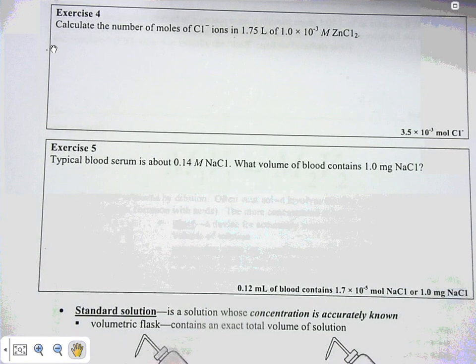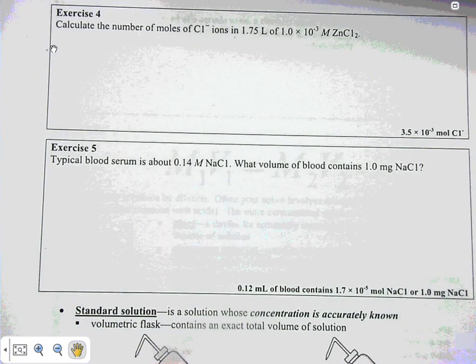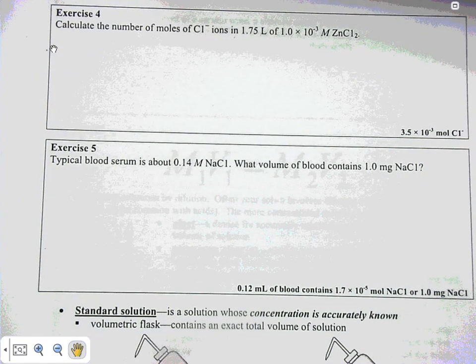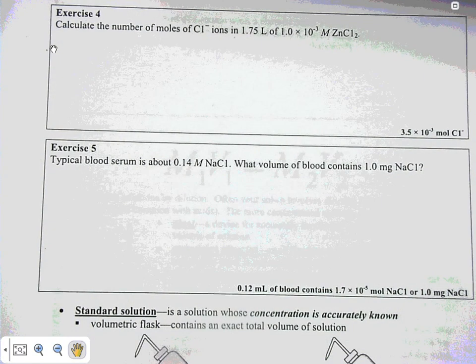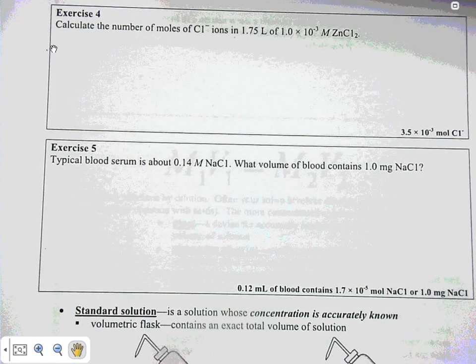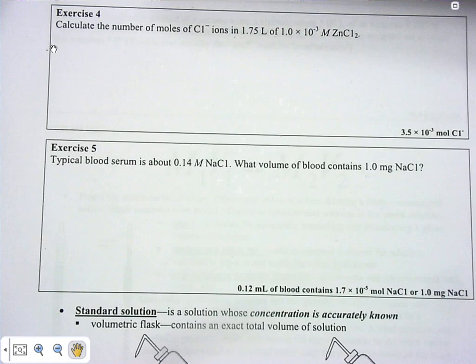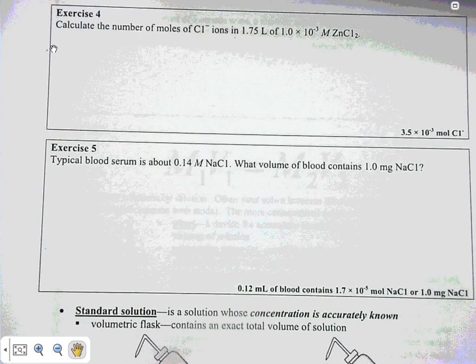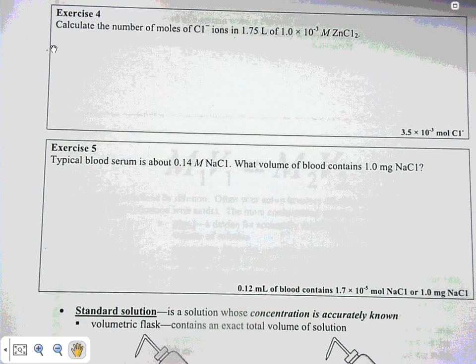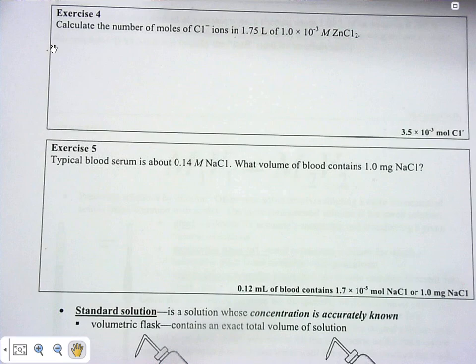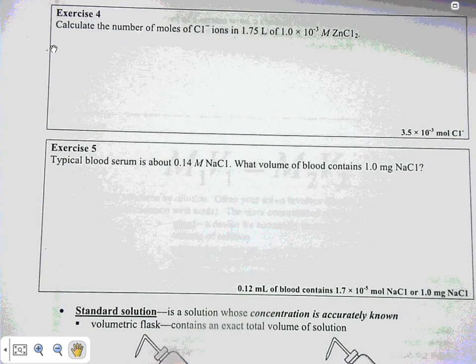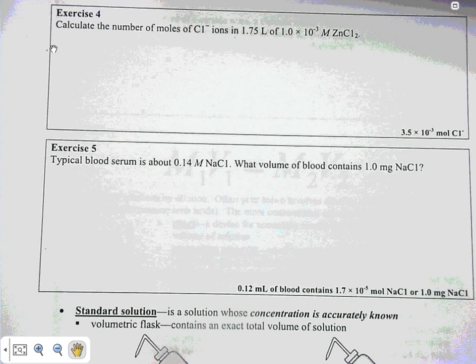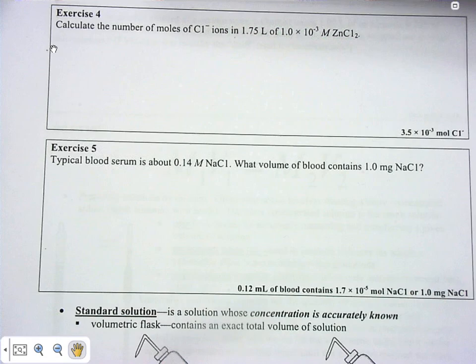Now, this first question here for exercise 4, it's tasking us with calculating the number of moles of chloride ion in 1.75 liters of 1.0 times 10 to the negative third molar zinc chloride. Now, in order to effectively solve this question, I would recommend writing the basic chemical equation in order to solve it.